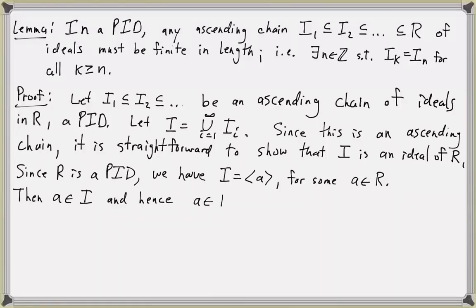So let's say I is contained in In for some n. Then we have the ideal In, which is contained in the union of all these ideals, so this is contained in I. But I equals the ideal generated by a, and since In is an ideal containing a, the ideal generated by a is contained in In.